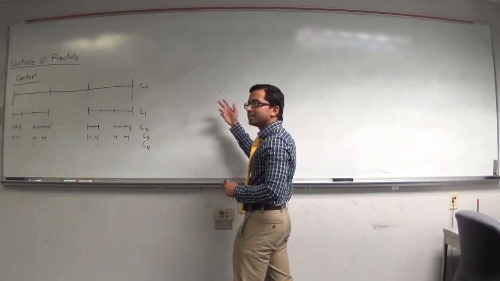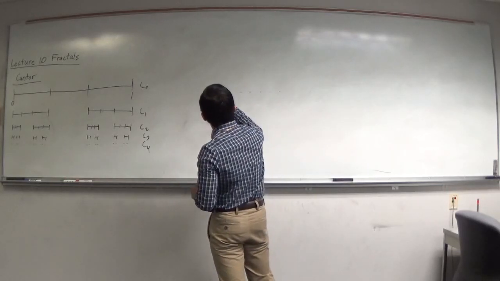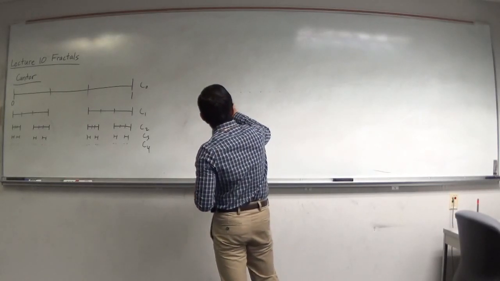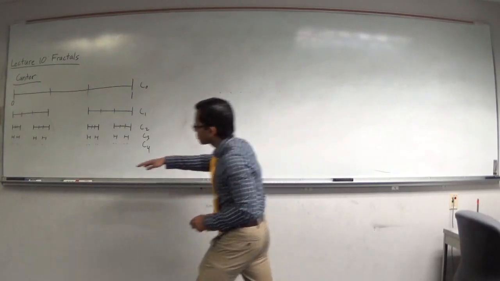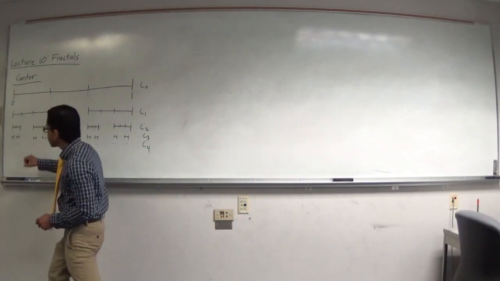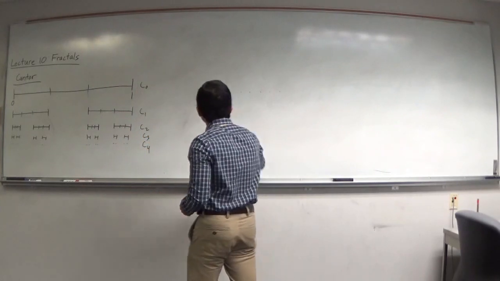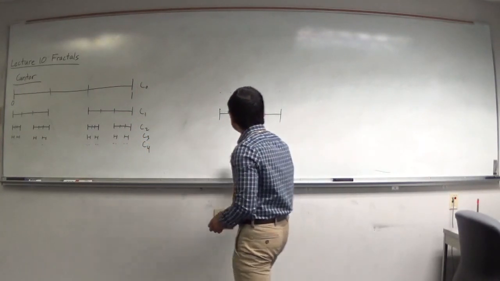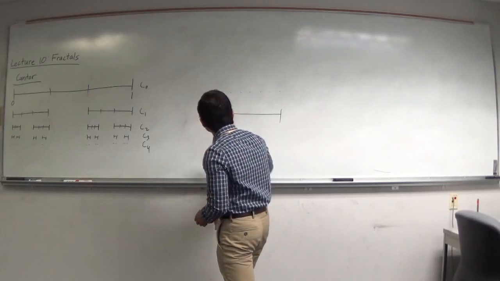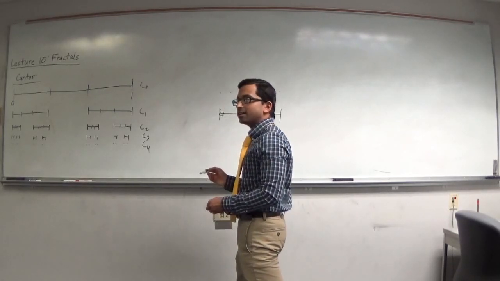But if you look at the Cantor set and look at one section of it, it's like a line. If you take some little section of a line, you still see a line.